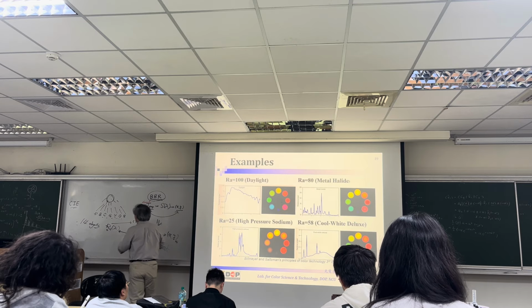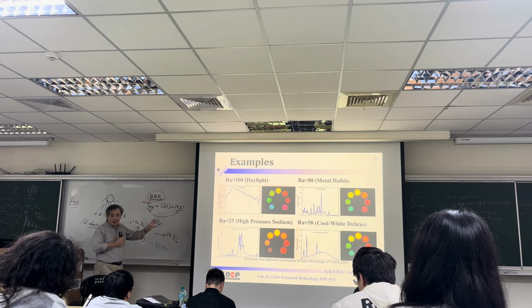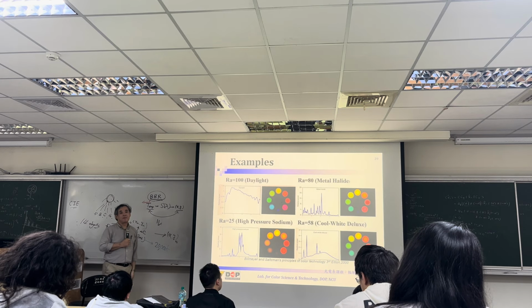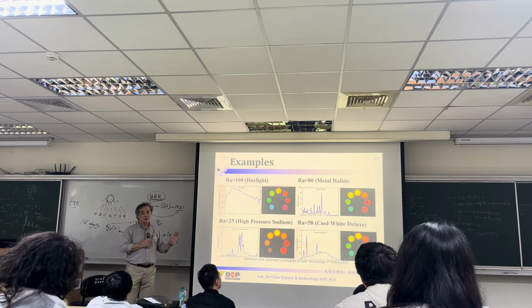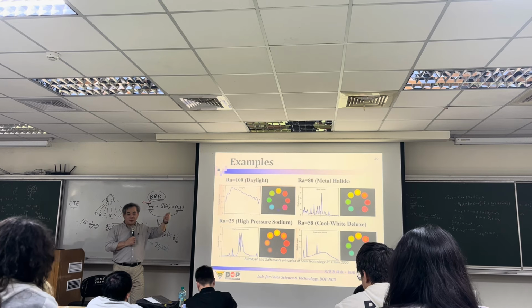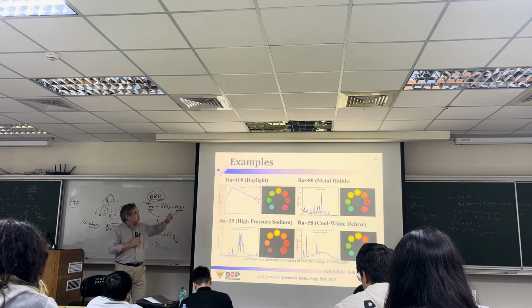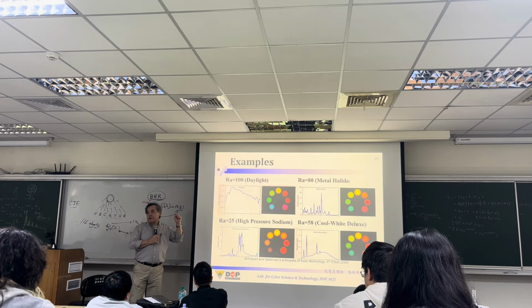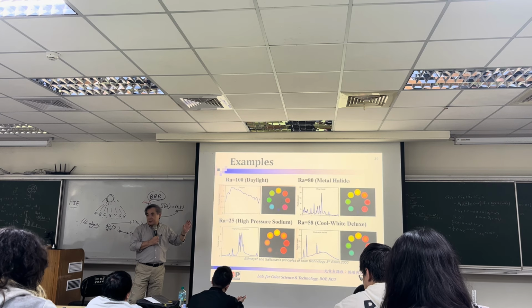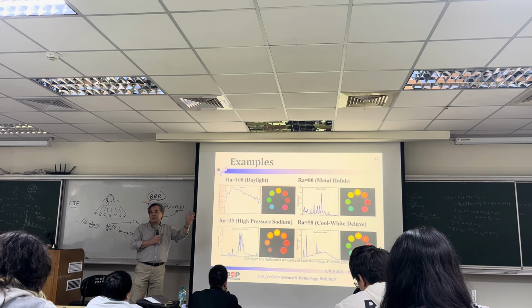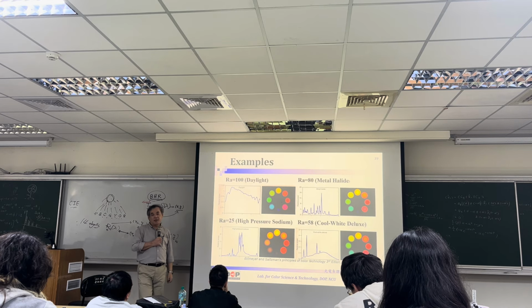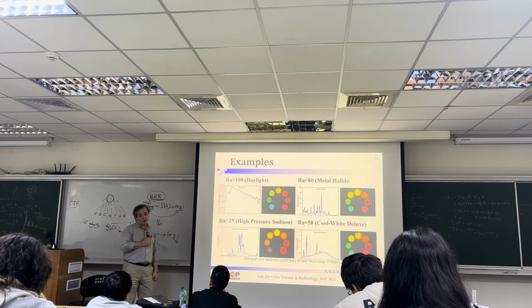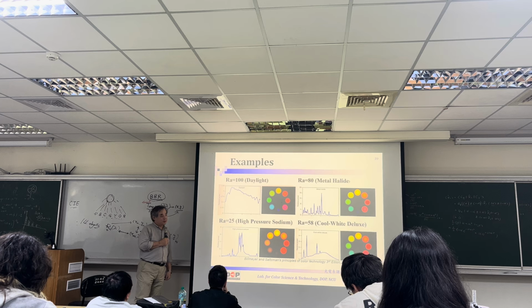And the standard illuminator A is the same case. Illuminator A is kind of the standardized source for CRI calculation. So for standard illuminator A, the CRI must be 100. Okay.